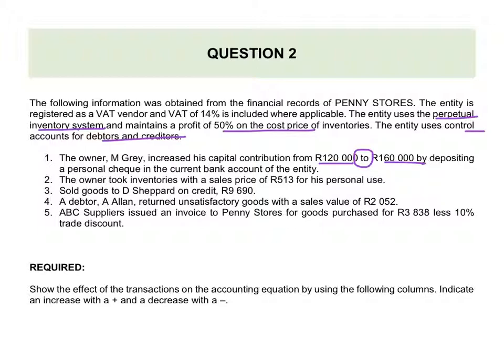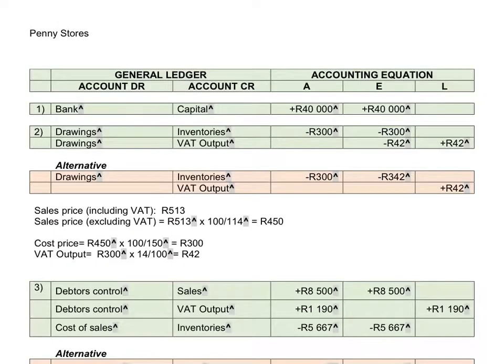He increased it from 120 to 160, so the money received is 40,000 rand. The account debited is bank, because the money is deposited into the bank and that increased the assets with 40,000. Capital is credited because owner's equity increases on the credit side.